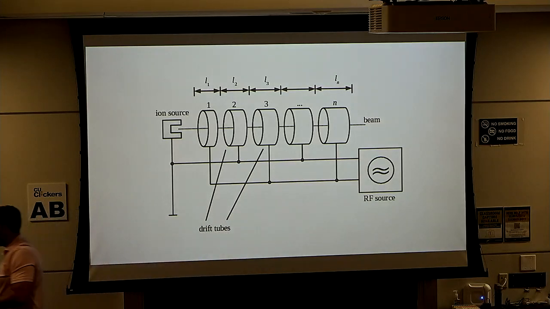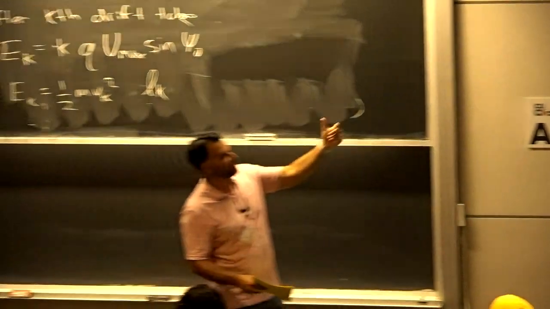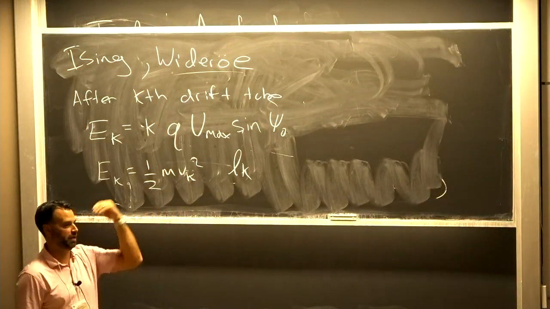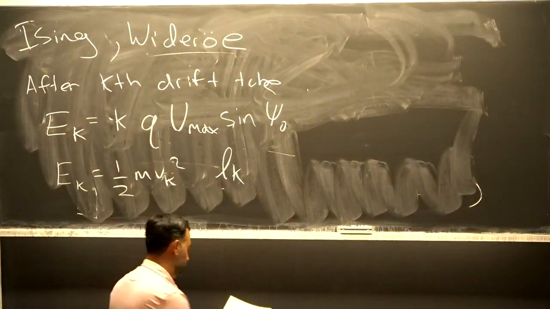Okay? So if I think of how large these drift regions have to be, a given drift region has to be exactly half of the period of my RF. Okay, so I see only the positive side of this.